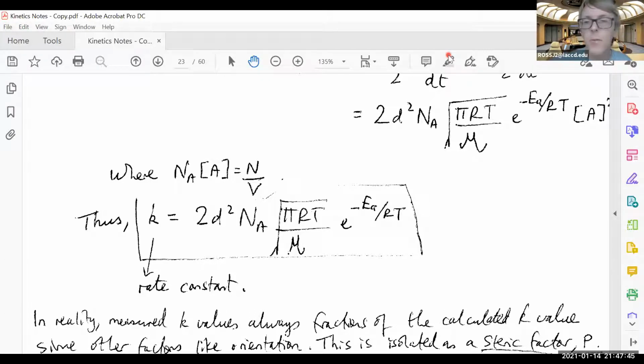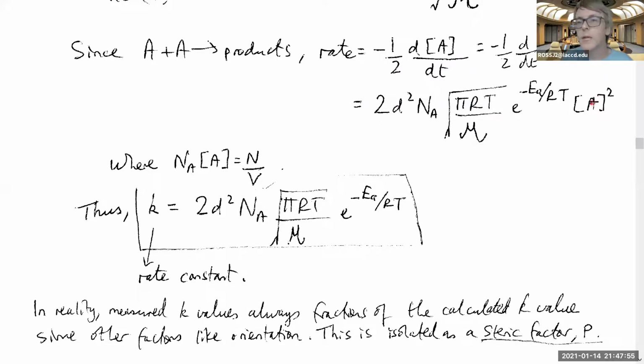Okay, so to understand where this A squared has come from, we know that rate is k A squared.